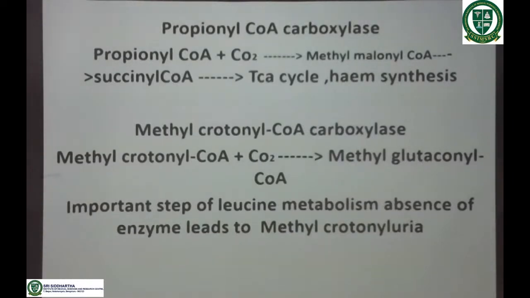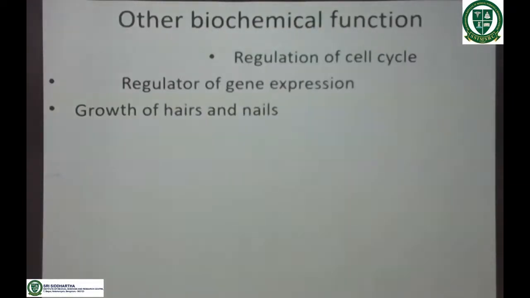So these are the four carboxylase enzymes where we require a cofactor called biotin. As you all know, in the first slide I showed the carbon dioxide binding site. This biotin accepts the carbon dioxide from various sources and donates it to the substrate involved in the carboxylation reactions.